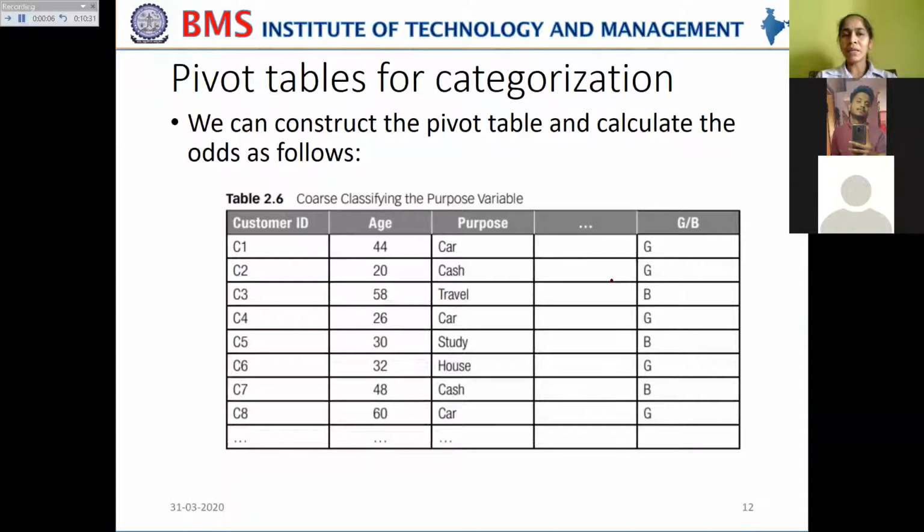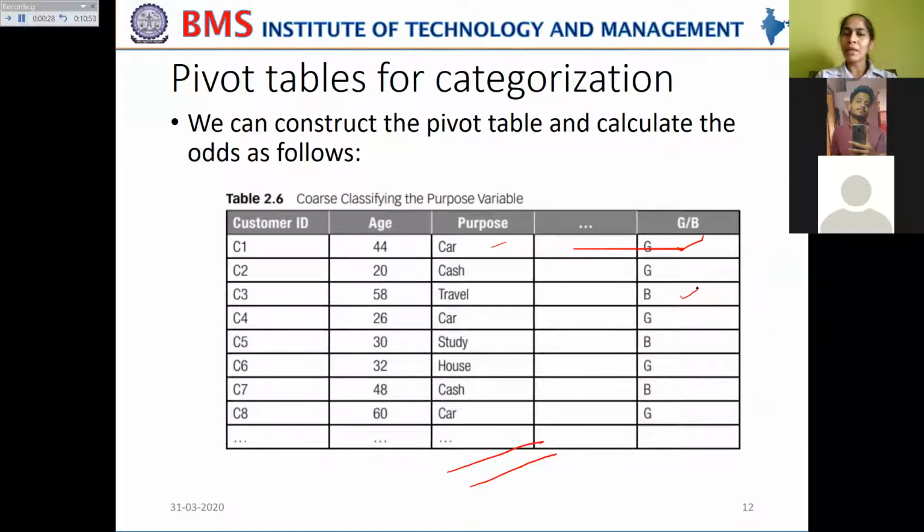Now let us take this example of pivot tables for categorization. Consider an example like this. We have a data set having customer IDs, the age of the customers, the purpose for which the loan has been taken, and the outcome variable, whether he is a good customer or a bad customer.